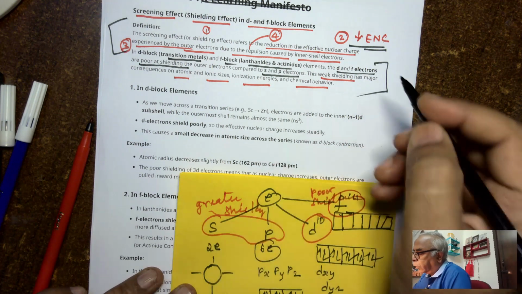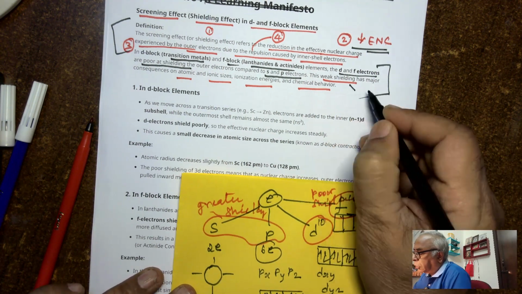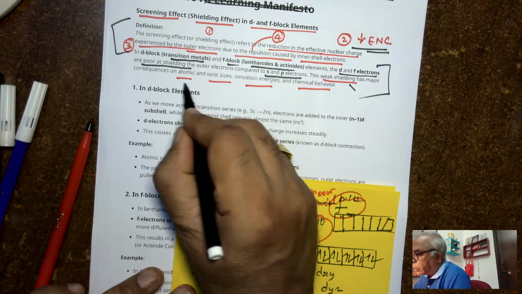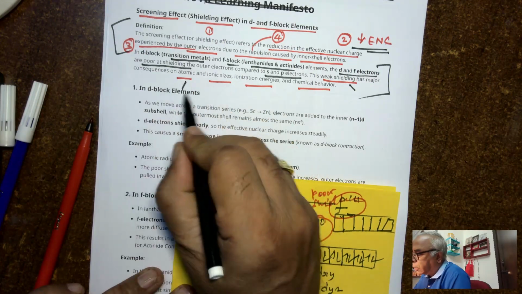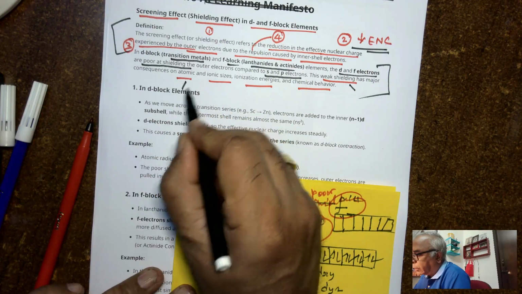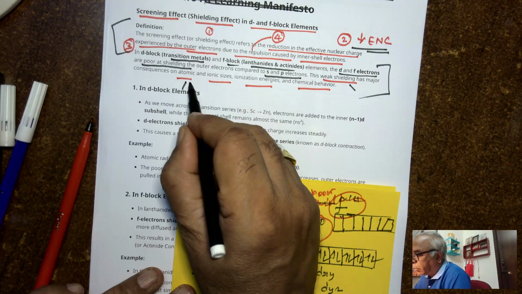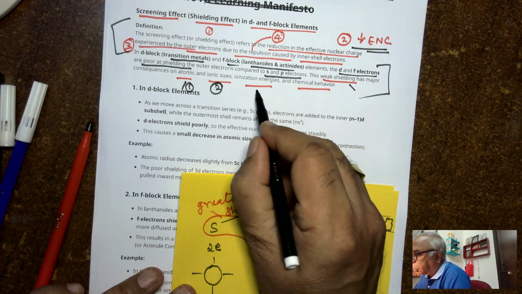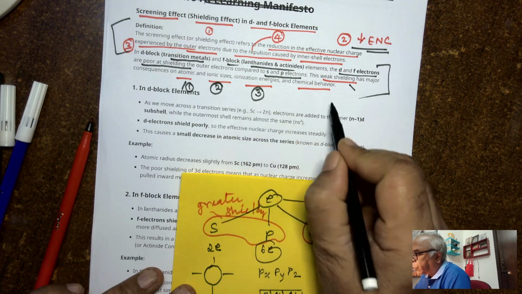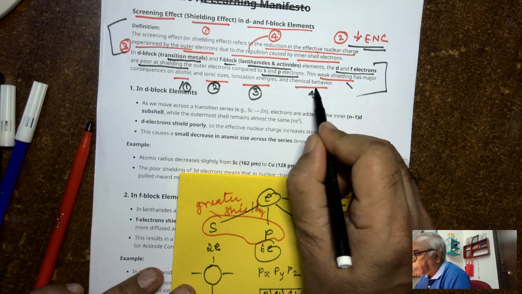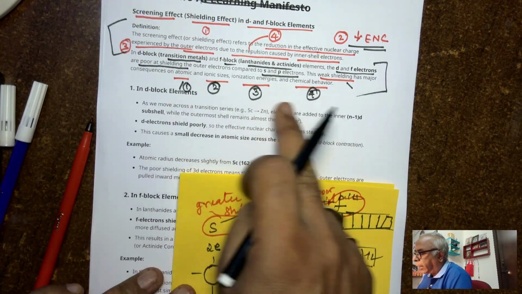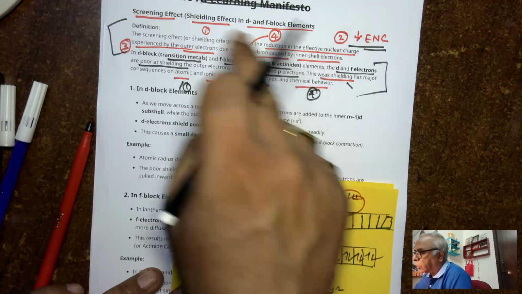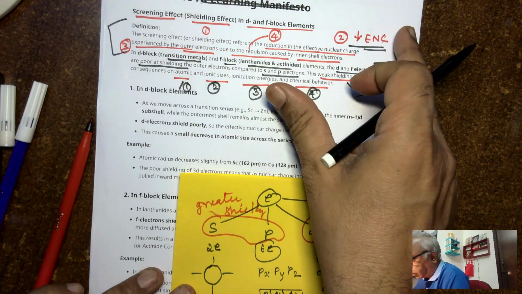That is, weak shielding has consequences on atomic and ionic sizes. Atomic sizes, point number one. Ionic sizes, point number two. Ionization energy, point number three. Chemical behavior, point number four. So how are these four parameters affected because of this screening effect?